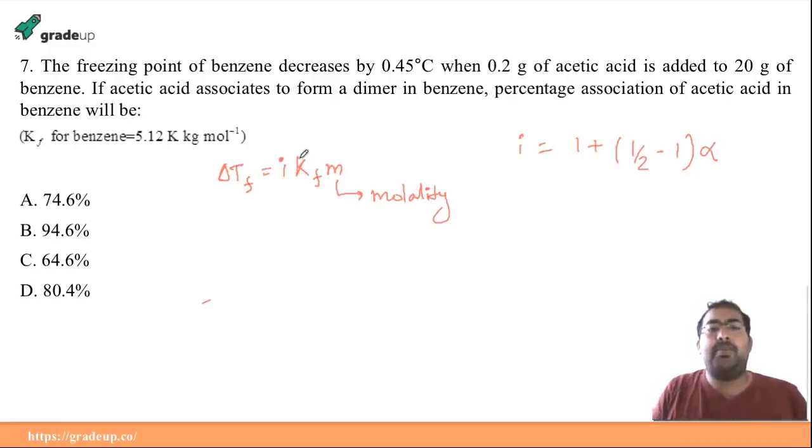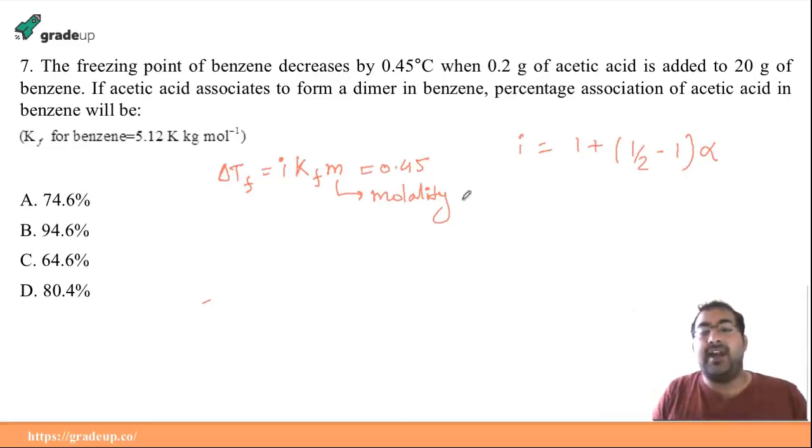So the freezing point of benzene decreases by 0.45, so delta Tf is given as 0.45, when 0.2 gram of acetic acid is added to 20 grams of benzene.